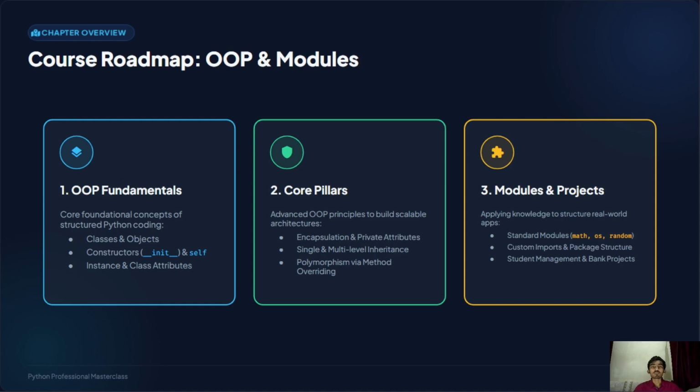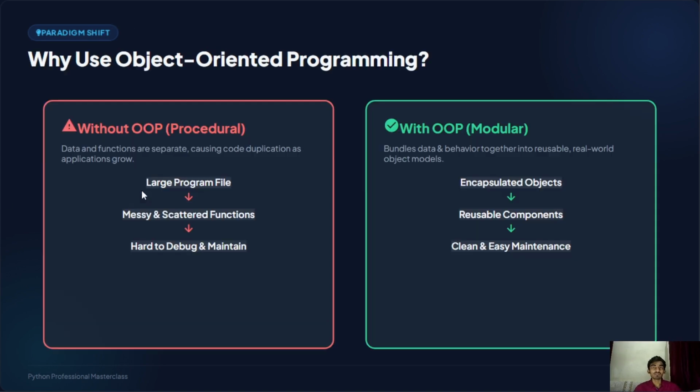Finally, we will learn how Python modules work, how to import and use Python libraries, and how to create our custom module. We will finish with two practical questions, and by the end of this episode, we will learn how to become a professional Python developer in a structured way.